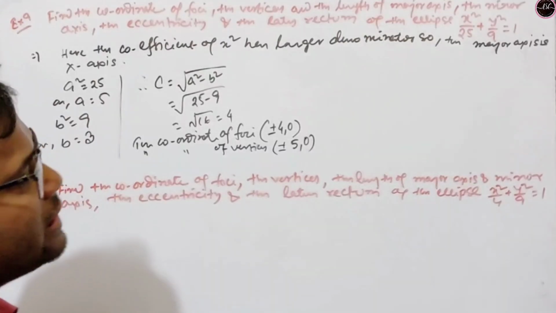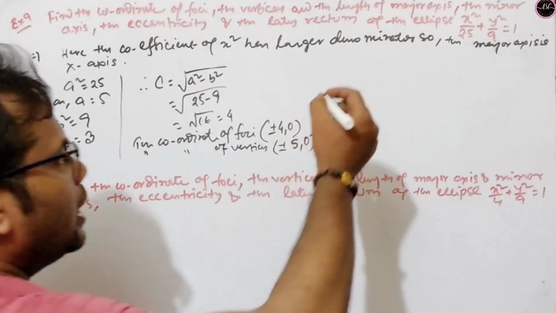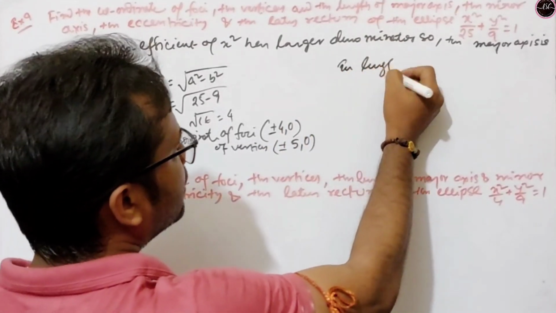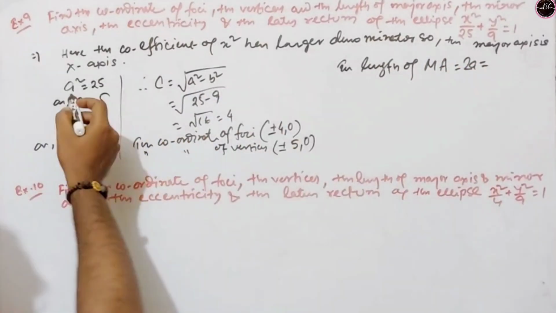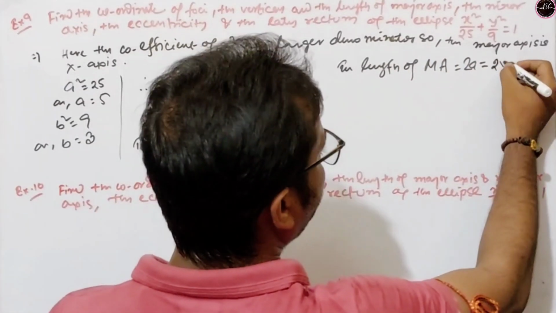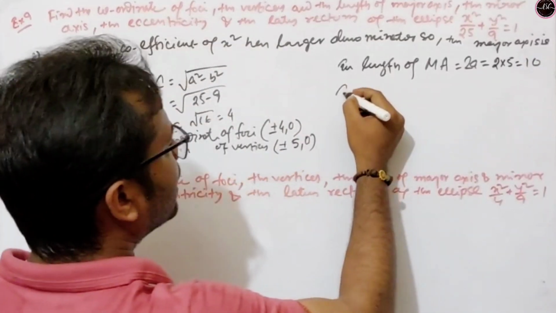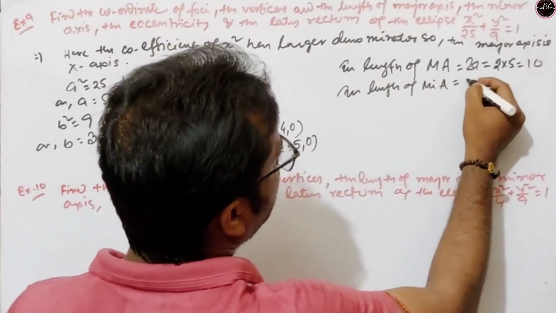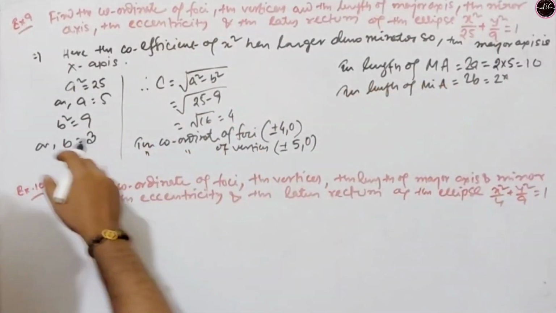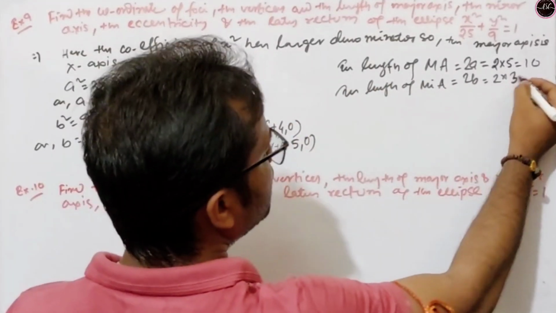Okay, and the length of the major axis, that means 2a, here a equal to 5, so 2 into 5, that means 10. The length of the minor axis equal to 2b, that means 2 into, here b equal to 3, so this is 6.